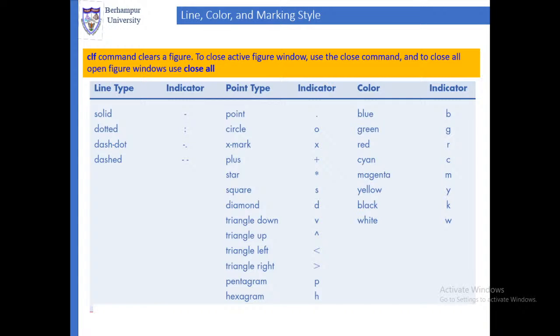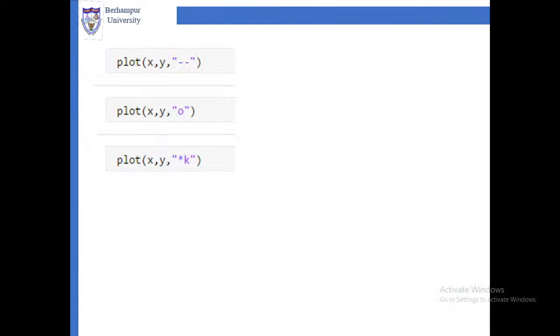So these colors are: blue is B, green is G, red is R, cyan is C, magenta is M, yellow is Y, black is K. Remember this, black is K, not B. B is always for blue, black is K, and white is W. So these are the indicators, different indicators for line type, point type, and color type. Now let us see what happens here.